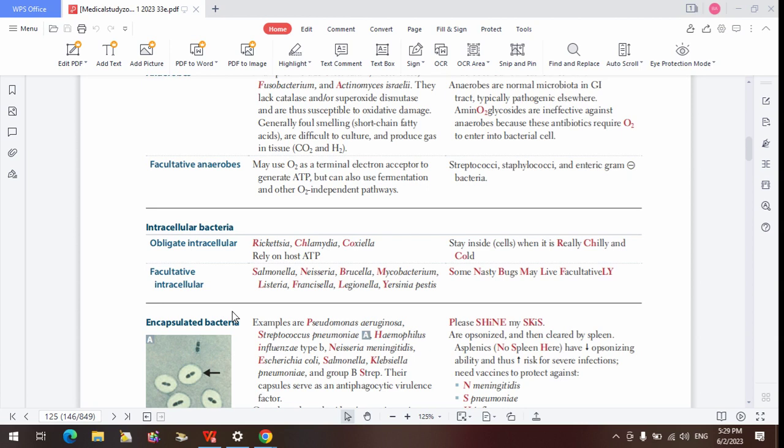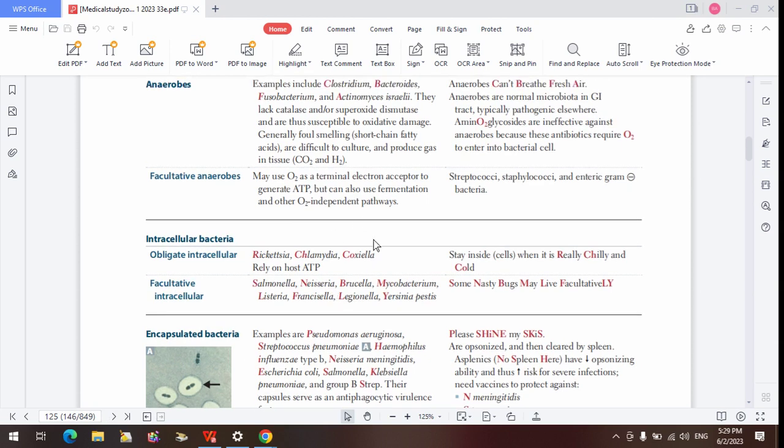But if you want to know it, the code is SLY MBME. So just replace the E of MBME with F. That is it. MBME: the M is Neisseria, the B is Brucella, the M is Mycobacterium, the E is Francisella, you replace it with F for Francisella. Then SLY: Salmonella, Legionella, Yersinia.